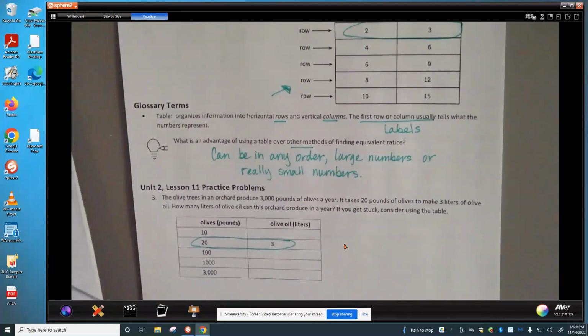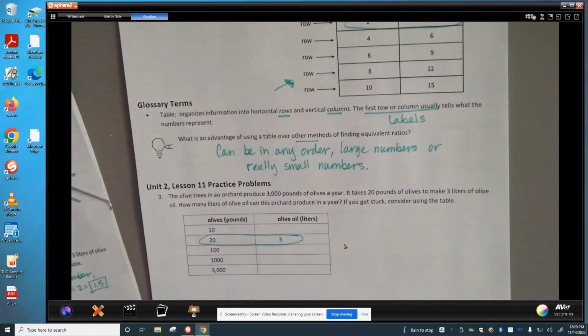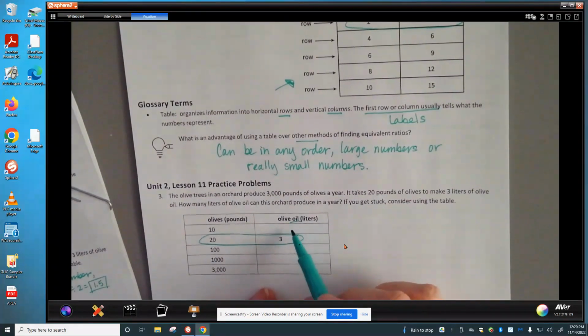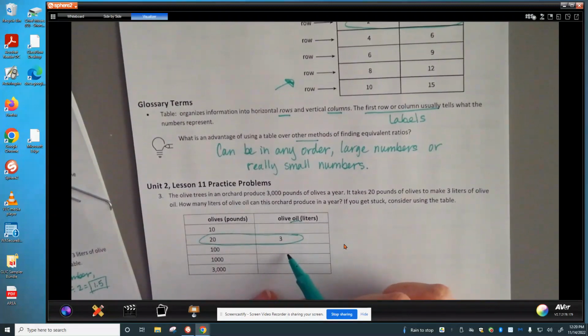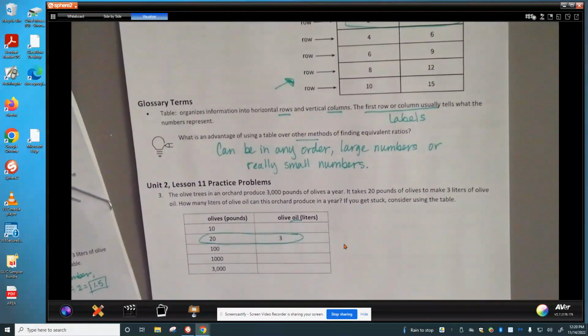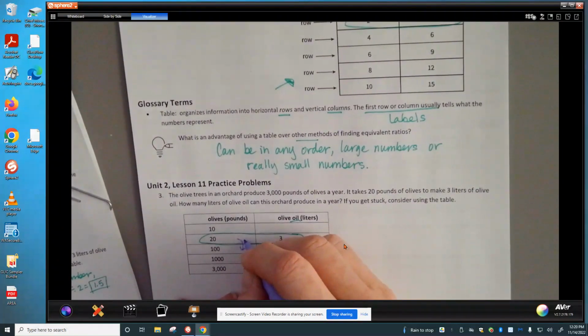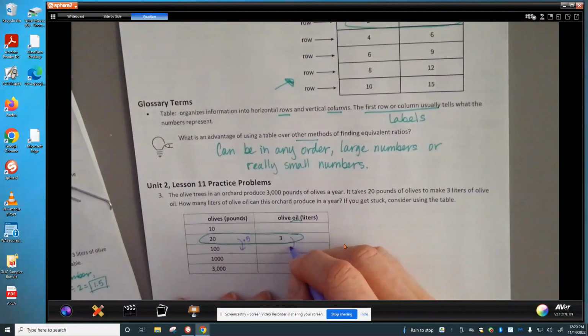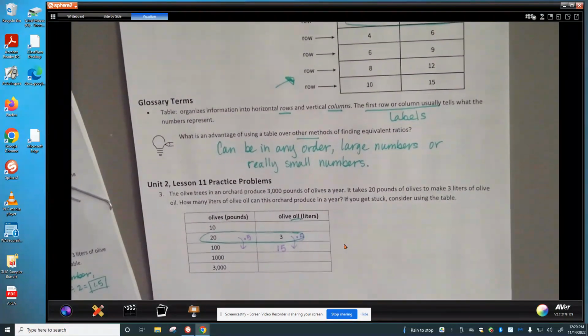There's a couple ways you can attack this problem. One is we could find out how much olive oil for 10. We could find out how much for 100. I might go to 100 just because I know that 5 20s make 100. So 5 3s would make 15. And then how easy is it to get from 100 to 1,000?